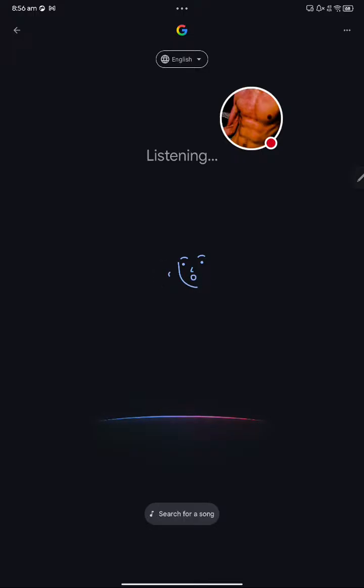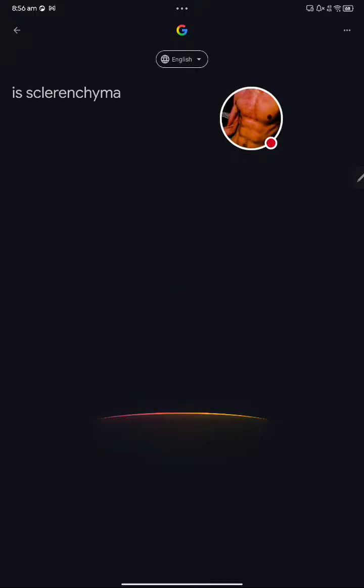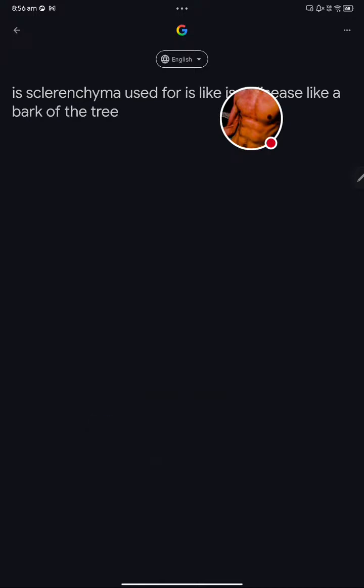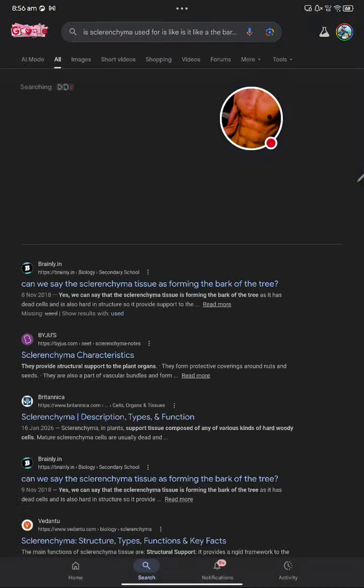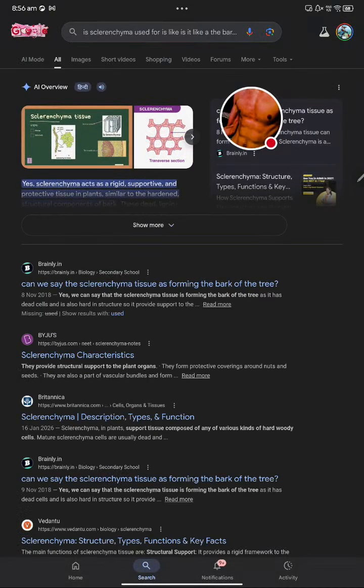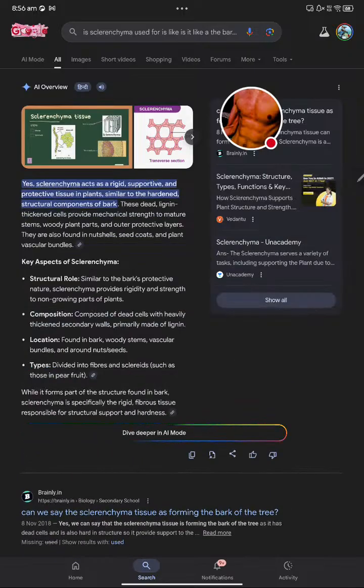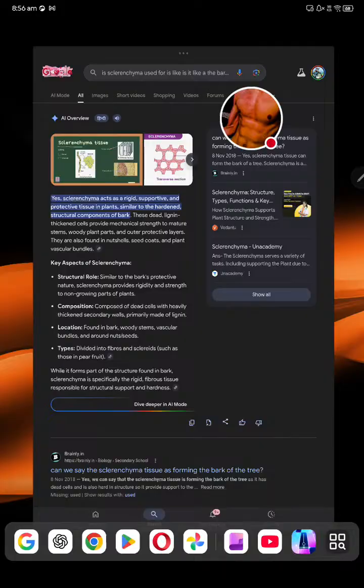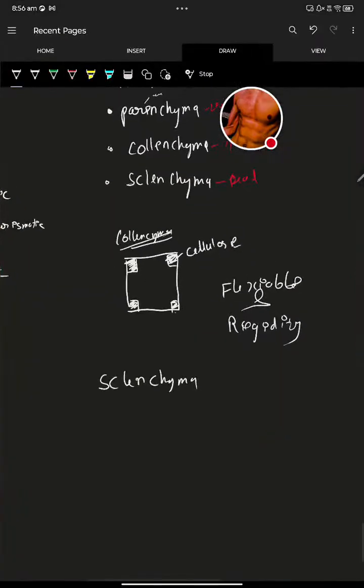Is sclerenchyma used for, is it like the bark of the tree? Yeah, it is bark type thing. Sclerenchyma is bark.